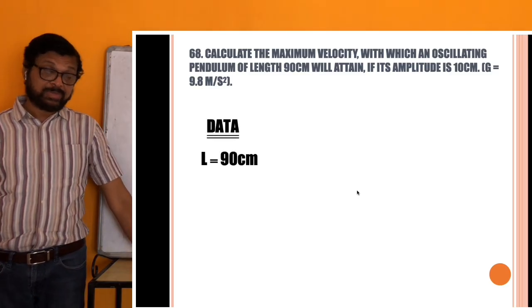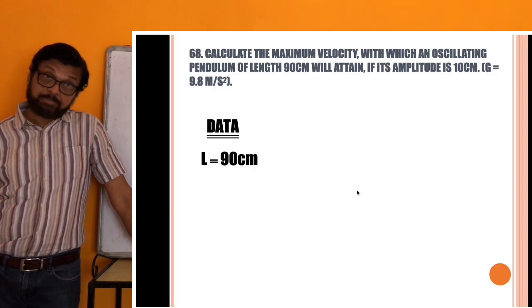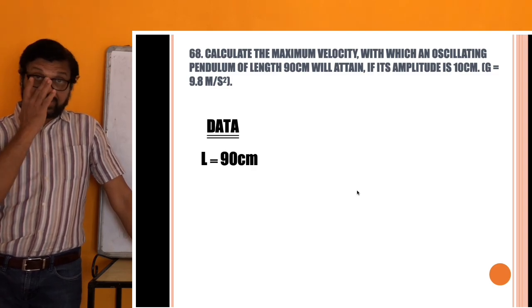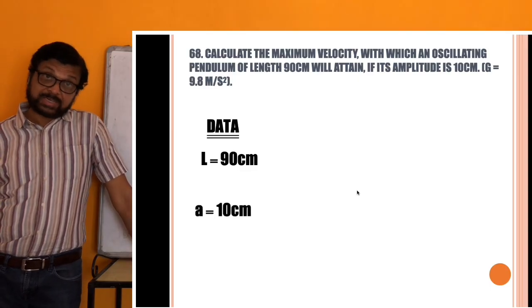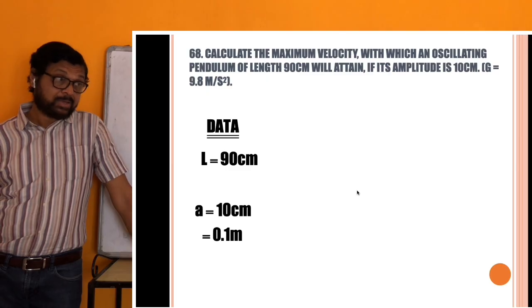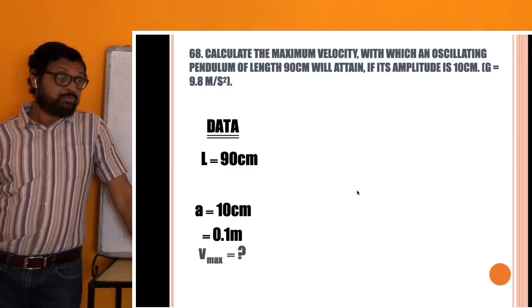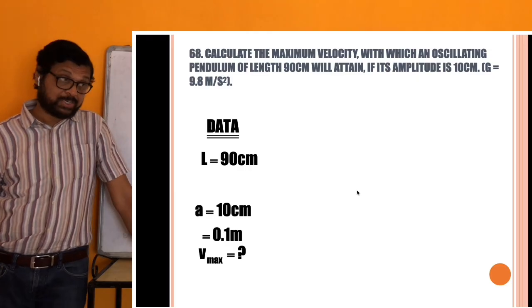Length of the pendulum is 90 centimeter, that is 0.9 meter if you convert it into SI. Amplitude is 10 centimeter, that is 0.1 meter. V max you have to find out, maximum velocity.